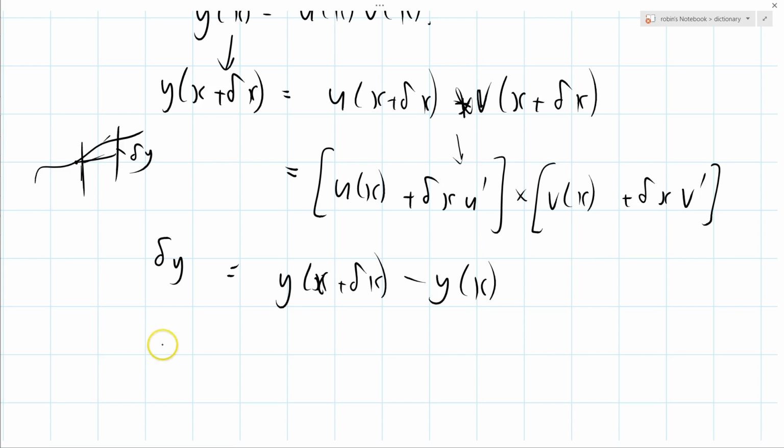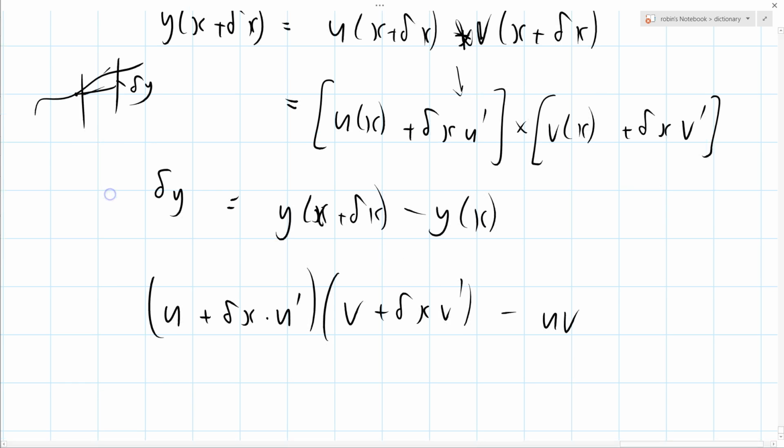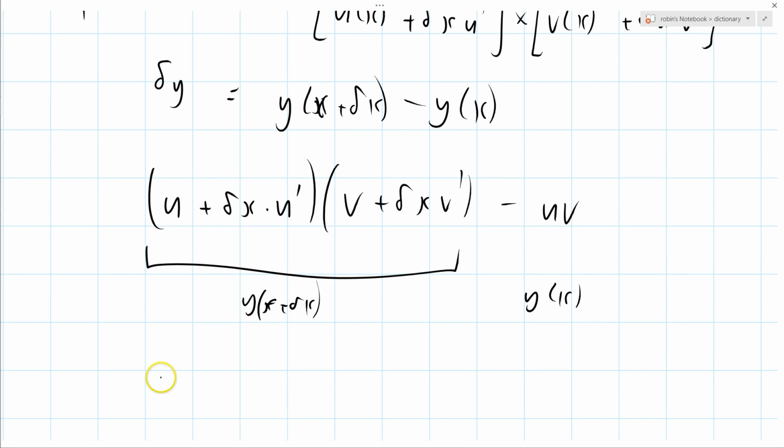So delta y equals that. So that's equal to u plus delta x times u dash, which is this bit here, times v plus delta x v dash, minus uv, because this bit here is y of x plus delta x, and that's y of x. So we just multiply it out.